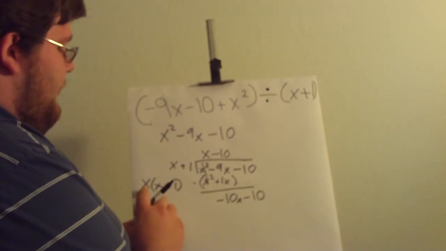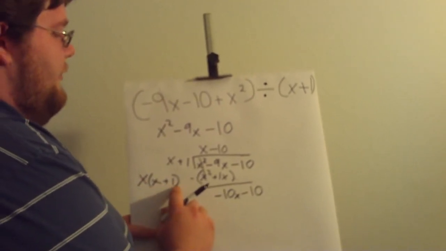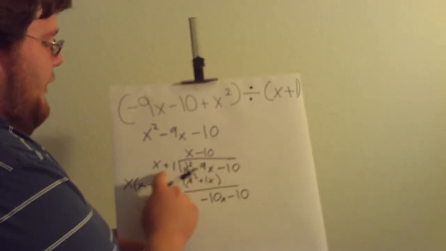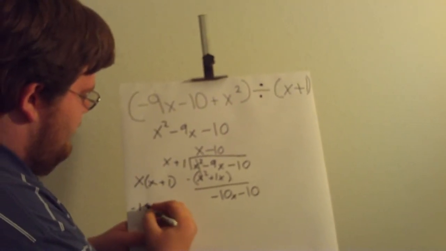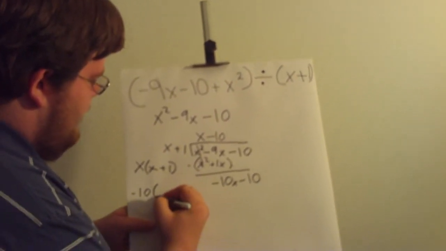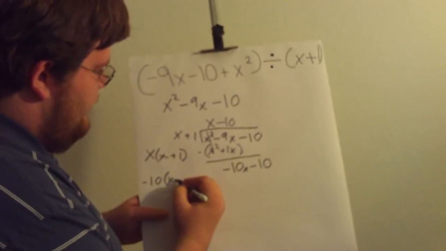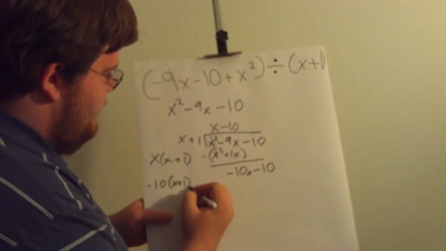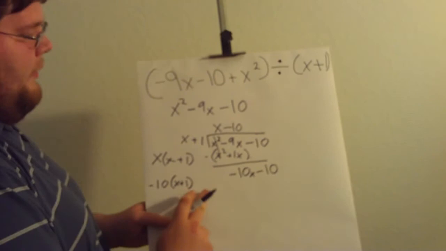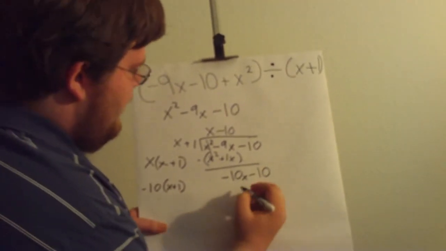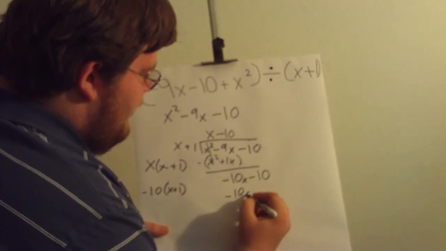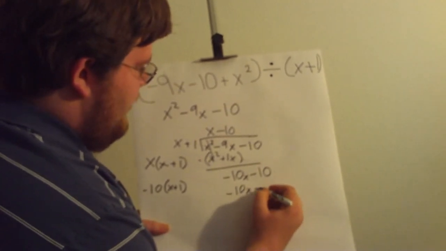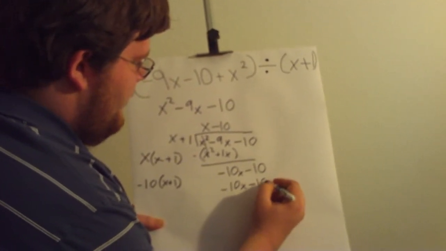Now, like before, when we did x times our divisor, we're going to do negative 10 times our divisor. So negative 10 times x plus 1 equals, and I'm going to write it over here, negative 10x minus 10.